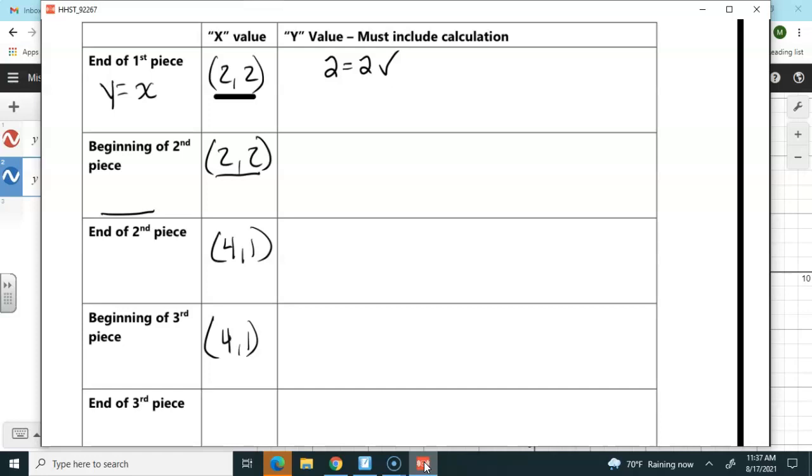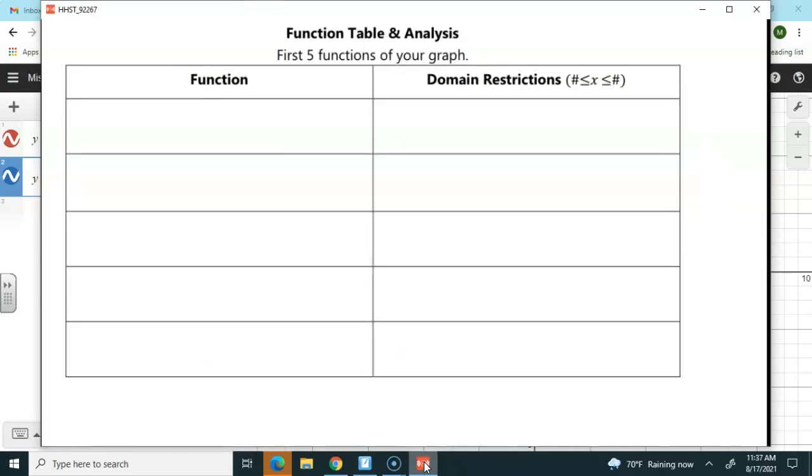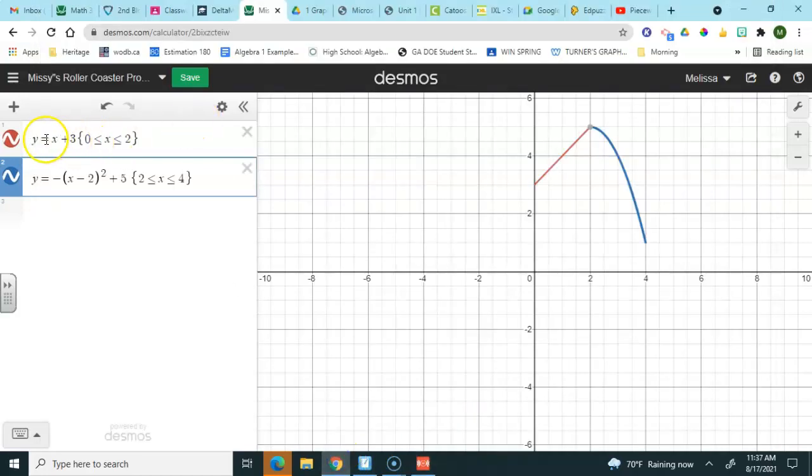Okay, so then on this page, these functions here, what I'm looking for is what's in here. So I would write that first function in my paper, and then I would write my domain restriction.